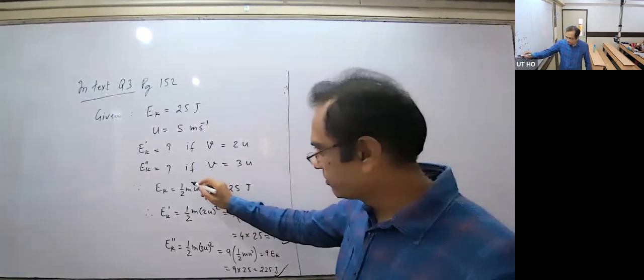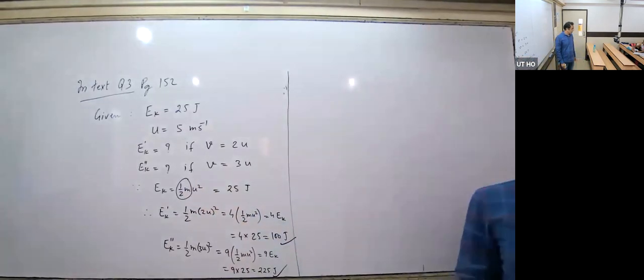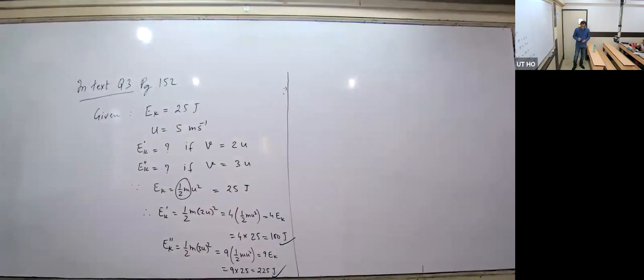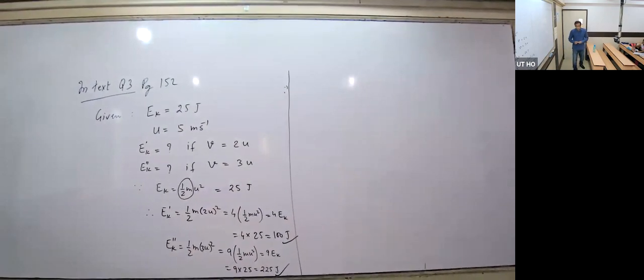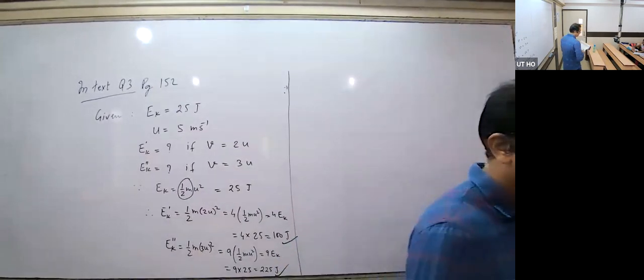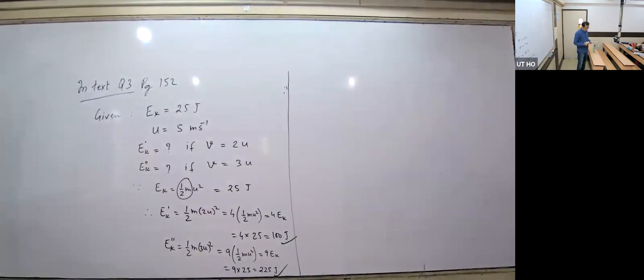Because energy is proportional to the square of velocity. There is no direct relation. It's proportional to the square of velocity.